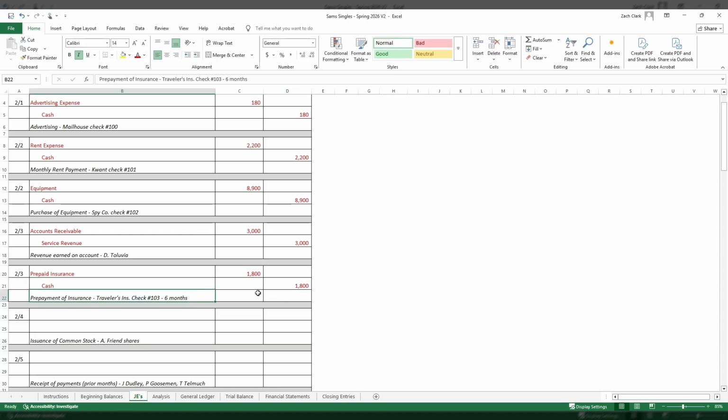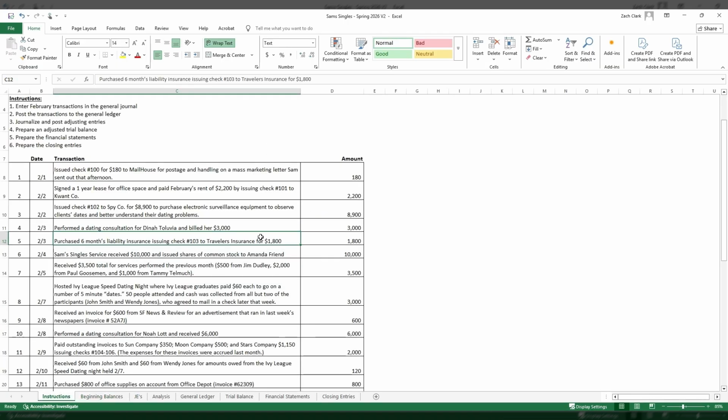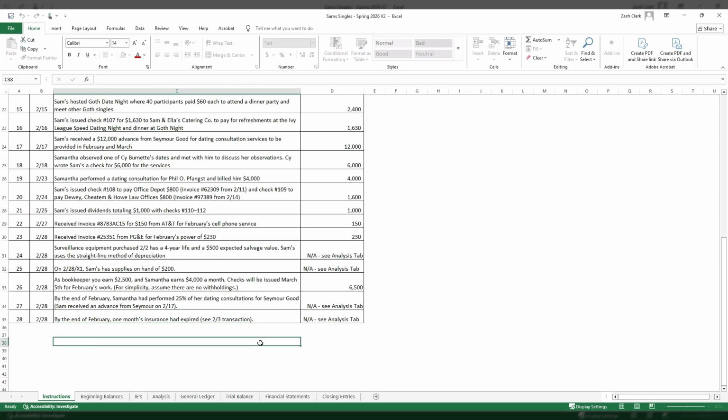We're going to come back to this one when we do our adjusting entries at the end of the month. Just remember that this is accounting for 6 months worth of prepaid insurance. And we will discuss down here, I believe, that by the end of February, 1 month's insurance had expired.